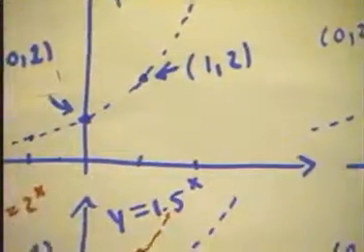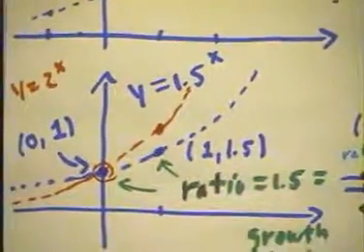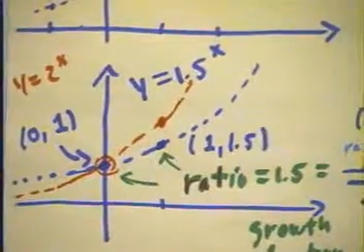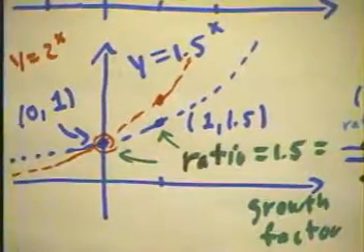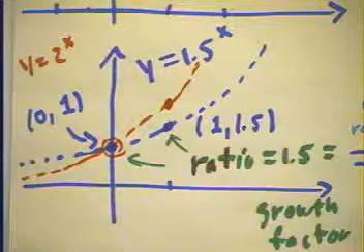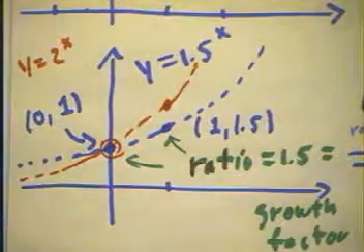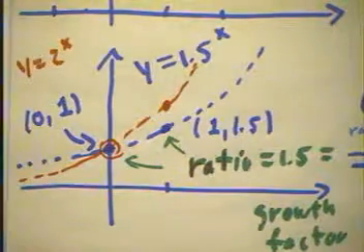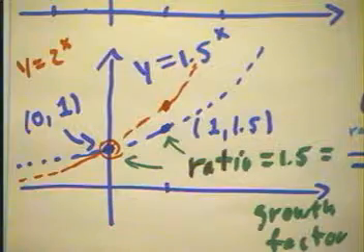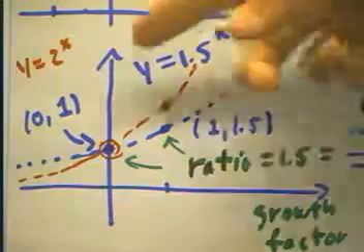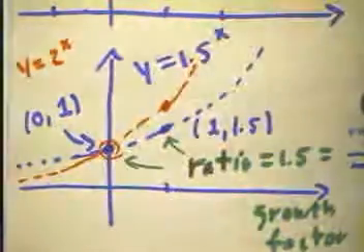Now, by contrast, let's look at the graph of y equals 1.5 to the x. On this graph, we've incidentally graphed y equals 2 to the x as a dotted red line.